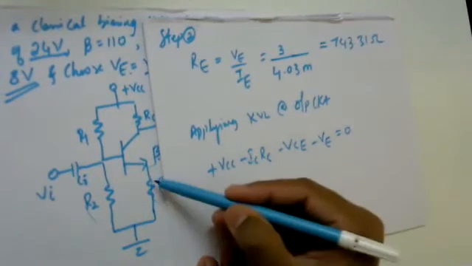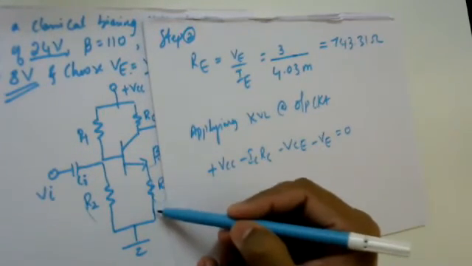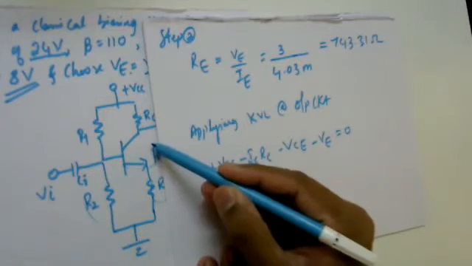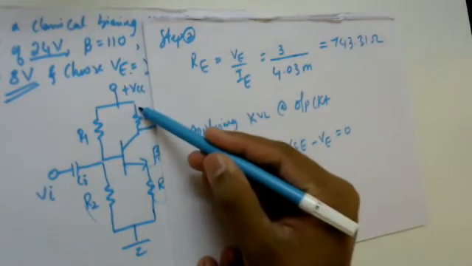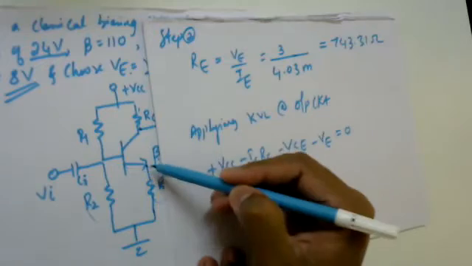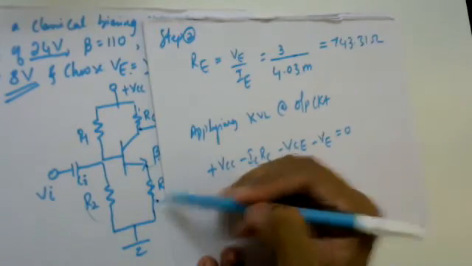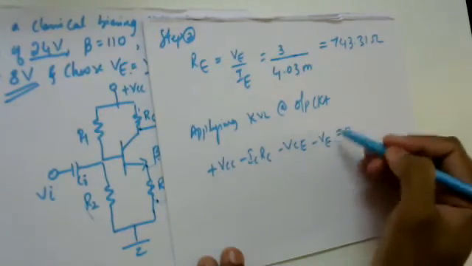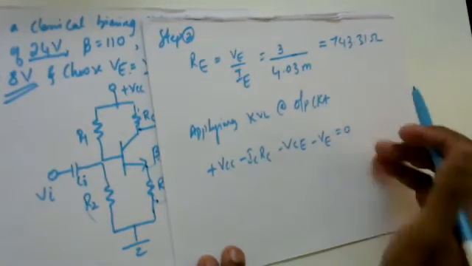What is VE? It is IE into RE drop. Yes or no? So negative to positive, plus VCC minus ICRC minus VCE minus VE. So minus VE can be written as IE into RE, right?